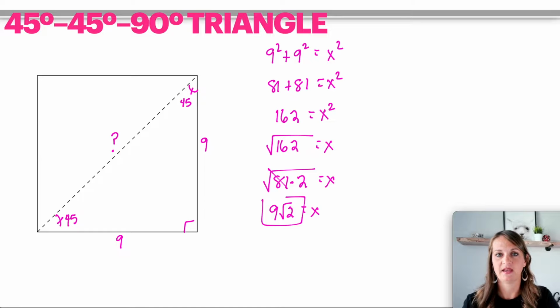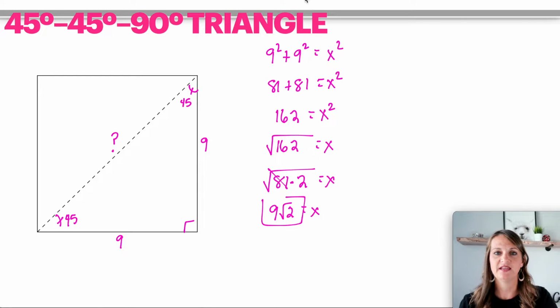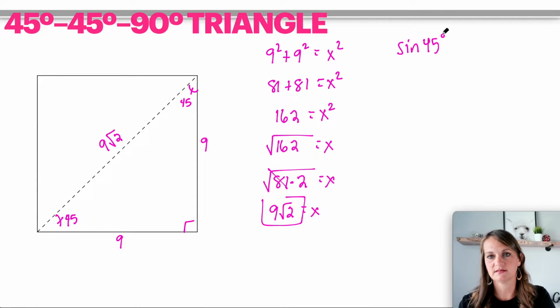Now, here's something that's cool that happens. Let's say that that's 9. That means that's 9 square roots of 2. And let's say I wanted to take the sine of 45 degrees.